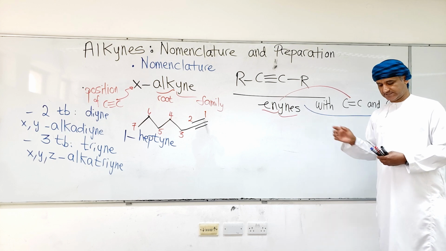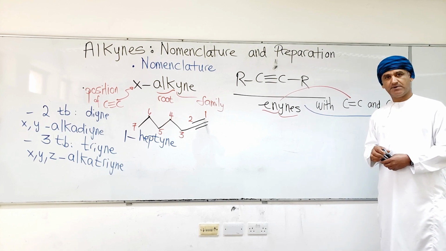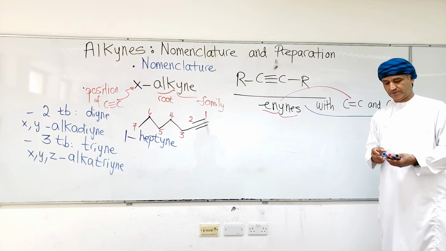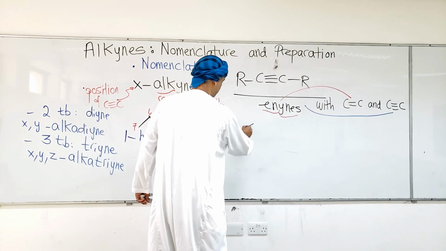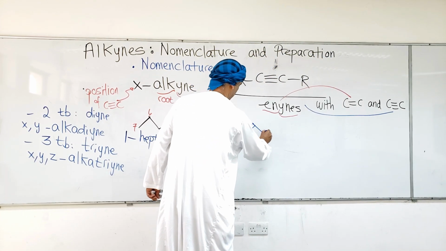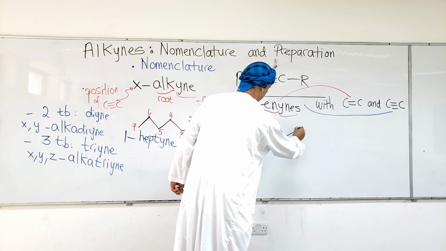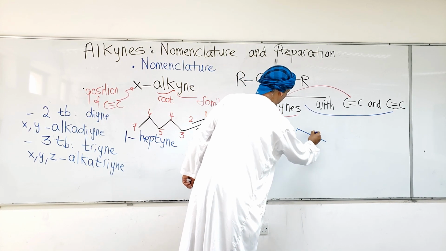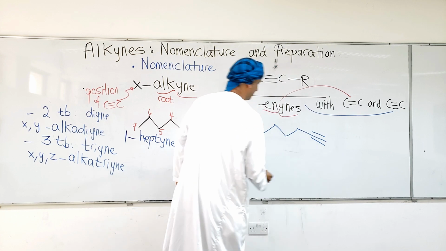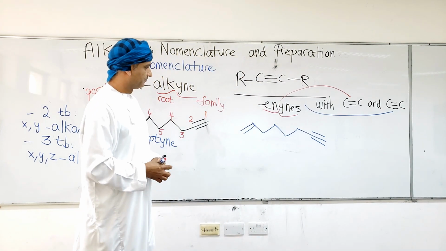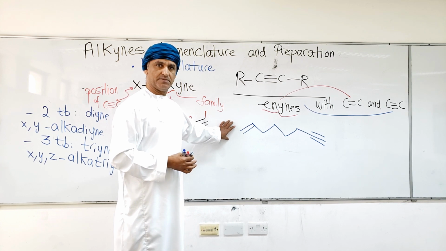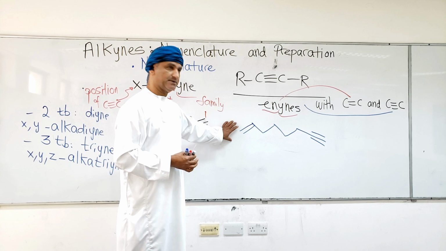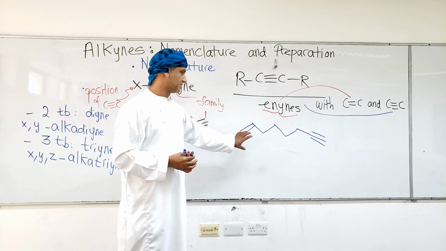Let's take an example of a compound with a carbon-carbon double bond and a carbon-carbon triple bond. So this is a simple example. And if you look carefully, you will see that the compound contains a carbon-carbon double bond and a carbon-carbon triple bond.